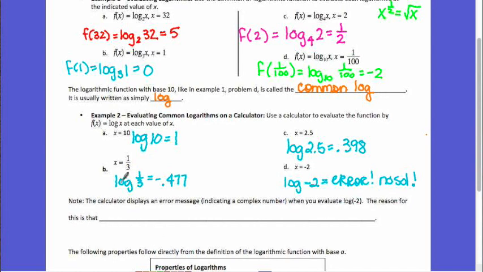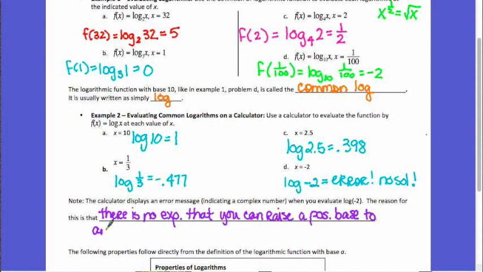The reason for this is that there is no exponent that you can raise a positive base to, and we'll never have a negative base for these, and get a negative solution.